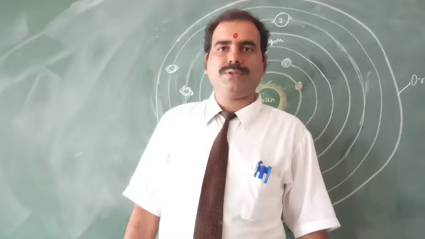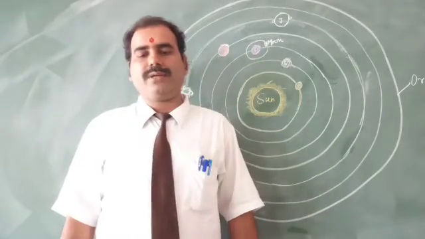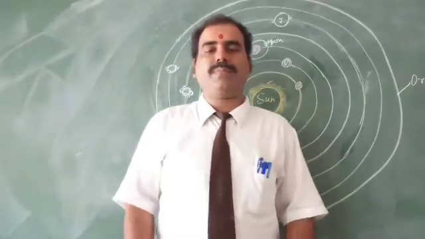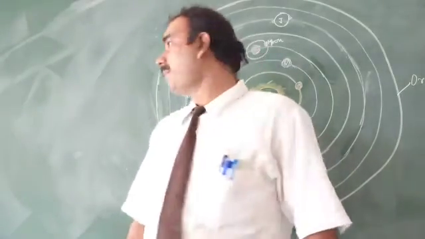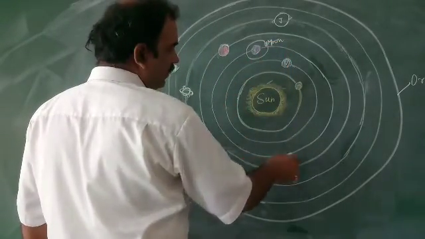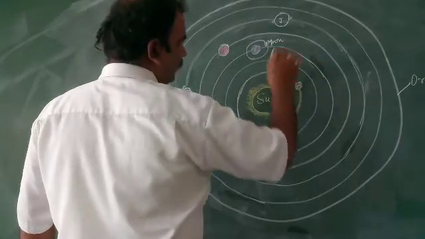Dear students, the solar system consists of the sun and planets, including our Earth, which revolves around the sun in a fixed path called an orbit. So this is our Earth. Our Earth is moving around the sun through a fixed path, and this path is known as the orbit.